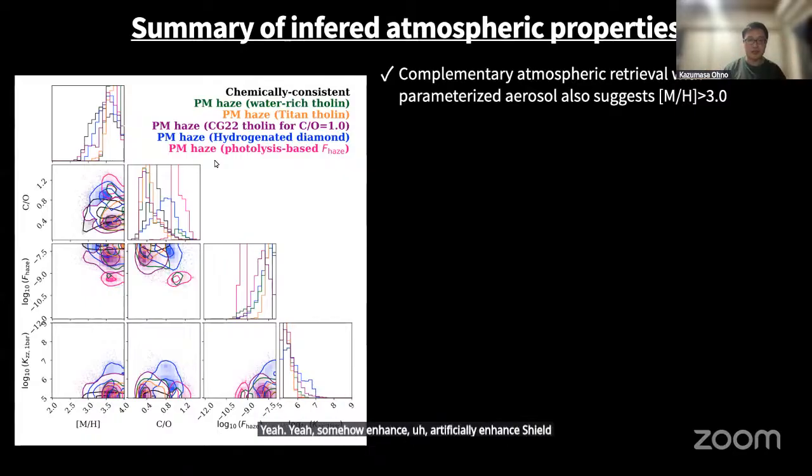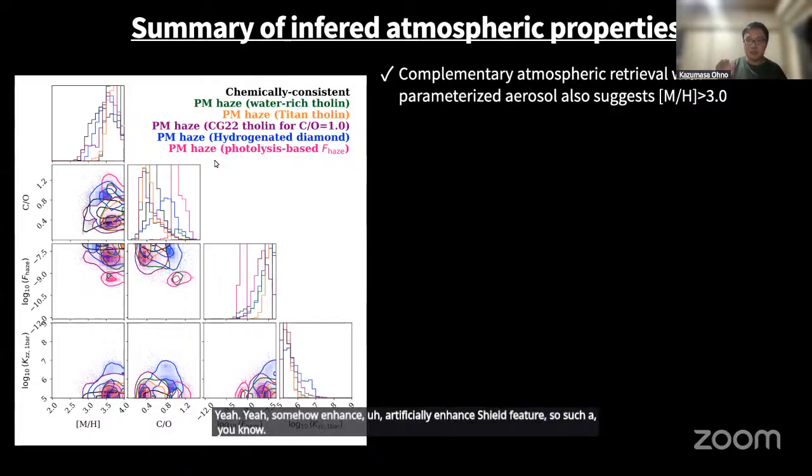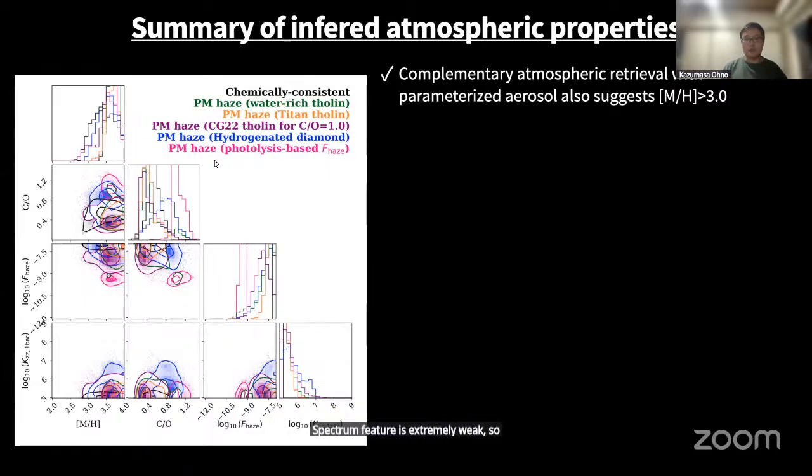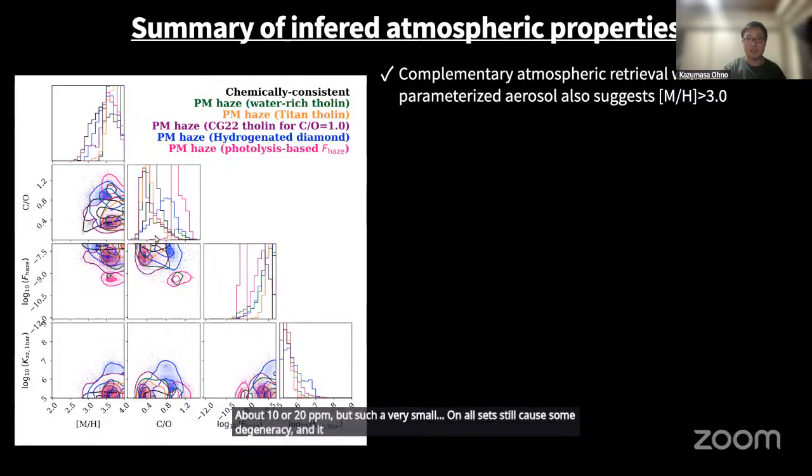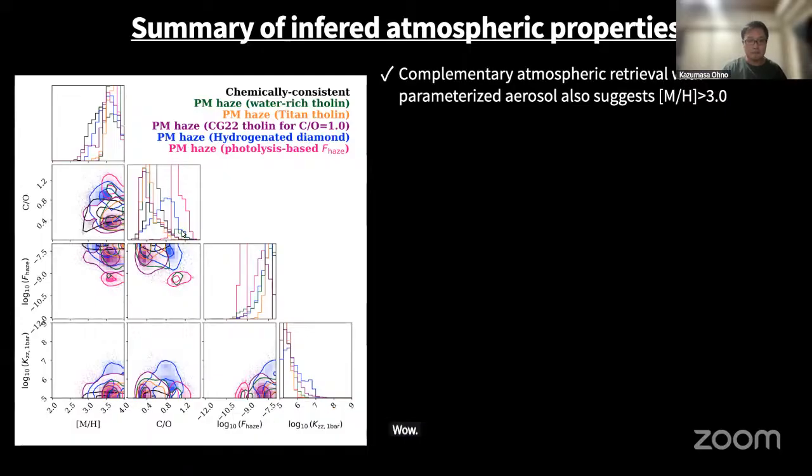Such a spectral feature is extremely weak. So we retrieved an instrumental offset of about 10 or 20 ppm, but such very small offsets still cause some degeneracy, and it causes the C/O ratio to accumulate around 1, I think.